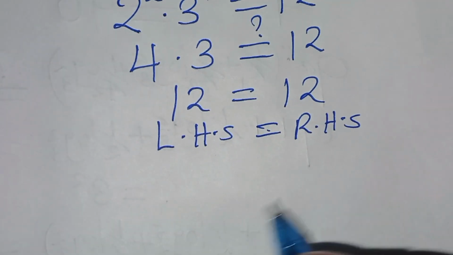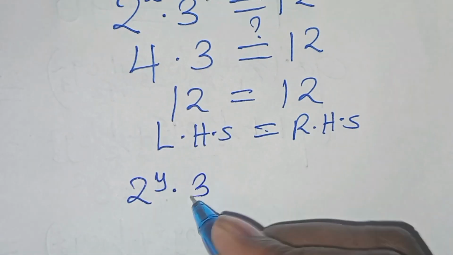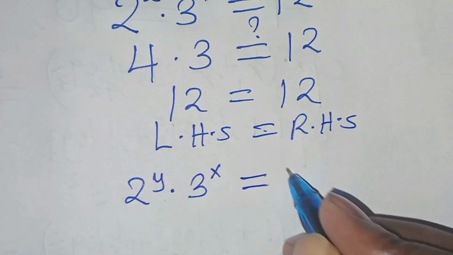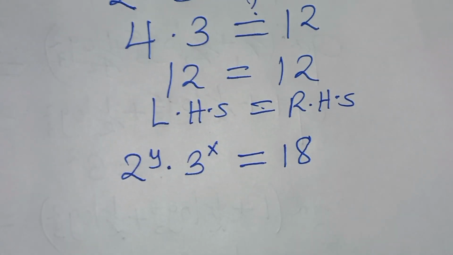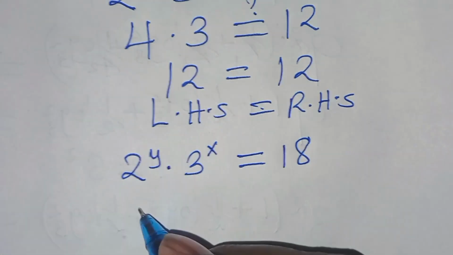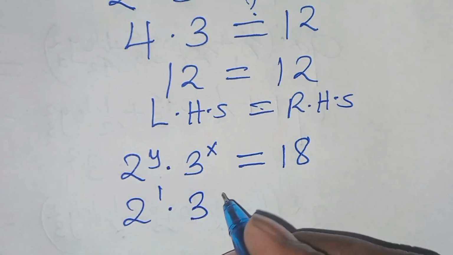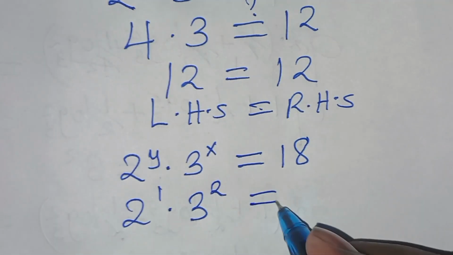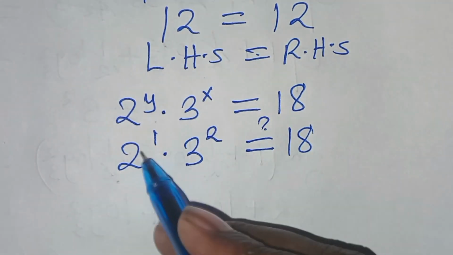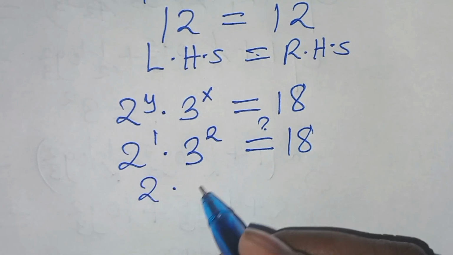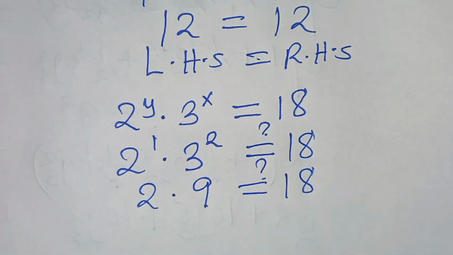Let's check equation 2. In equation 2, we have 2 to power y times 3 to power x. This is supposed to give us a value of 18. So we have y is equal to 1, so 2 to power 1 times 3 to power x, which is 2. So this implies that 2 times 3 squared, this is 9, is supposed to give us a value of 18.